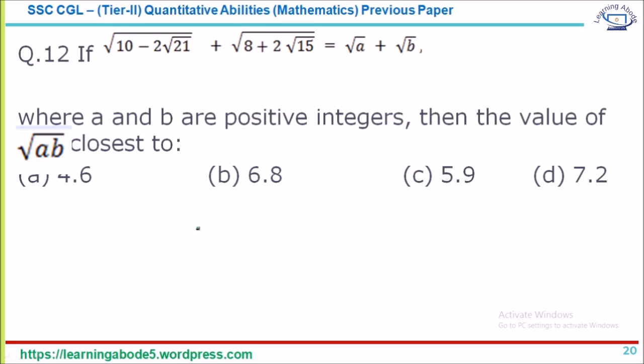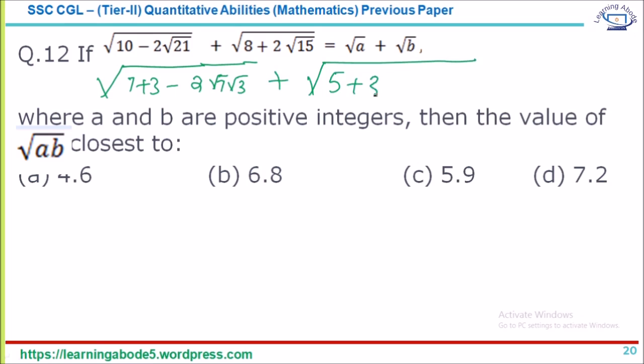Now this again, based on the given numbers, you can write this part as root of, since you have 21 and 10 here, this is 7 plus 3 minus 2 into root 7 into root 3 plus, here you have 15 and here you have 8, so you can write 8 as 5 plus 3 plus 2 into root 5 into root 3. Okay, now the whole thing is equal to root A plus root B.